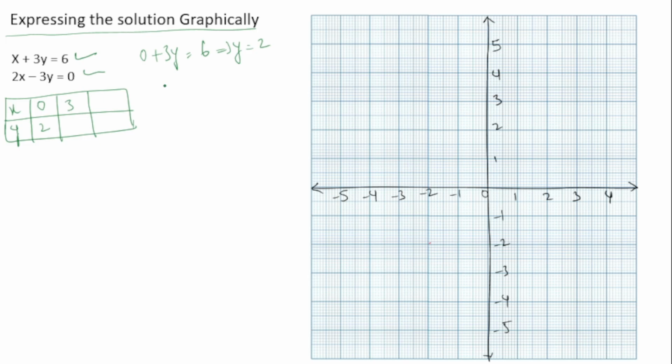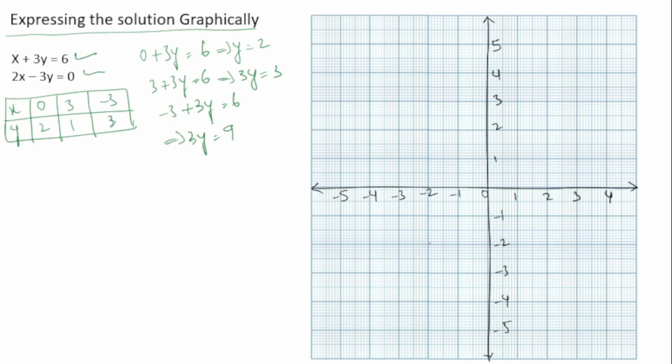If x is equal to 3, what is the y value? 3 plus 3y is equal to 6. So here 3y is equal to 6 minus 3, it is 3, y is equal to 1. Okay. If x is equal to minus 3, so minus 3 plus 3y is equal to 6. So here 3y is equal to 6 plus 3, 9, y is equal to 3.